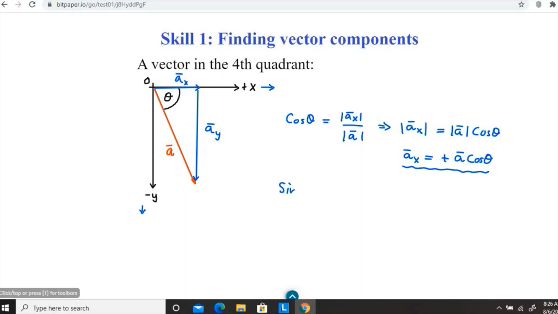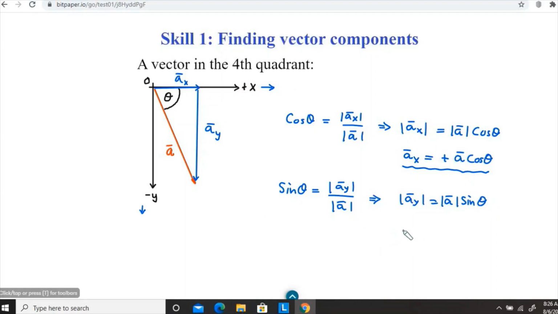From the sine theta definition, we'll get the magnitude of ay vector over magnitude of the a vector, and in a similar way, we'll get magnitude of ay as magnitude of a vector times sine theta.